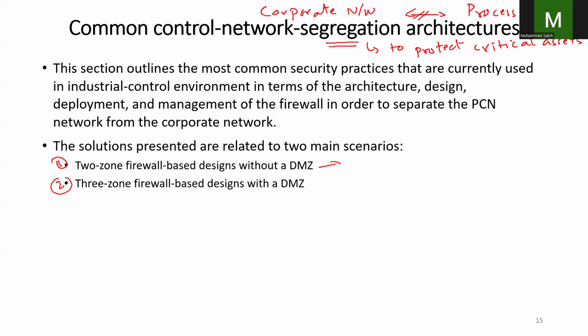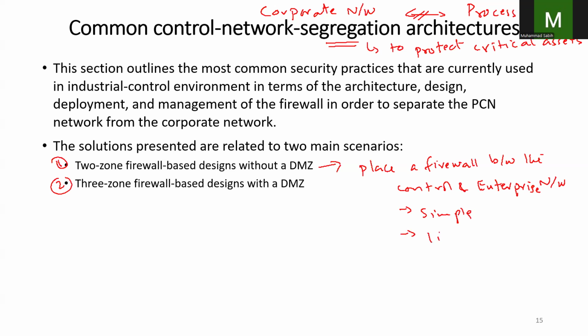In the two-zone design, we place a firewall between the control and enterprise networks. This is simple, but also limited.